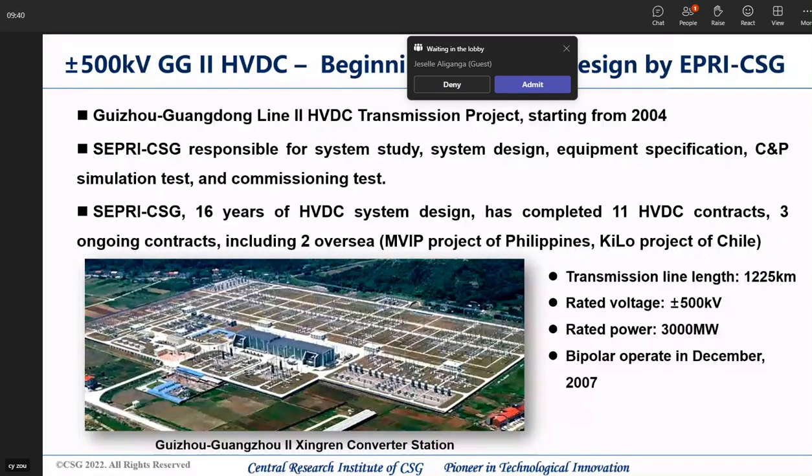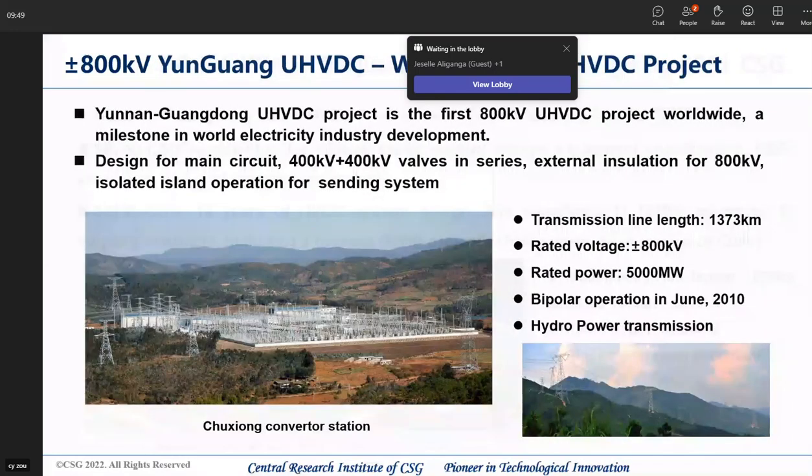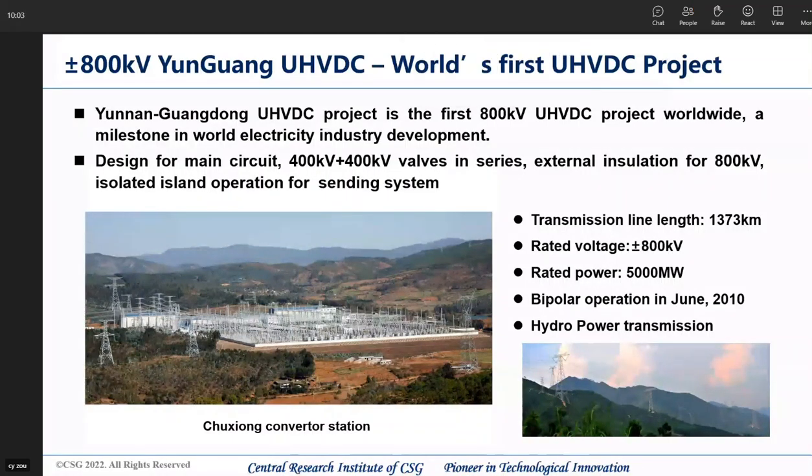With the power demand continually greatly increasing with the economic development, only 3 years later, we found that the 3 gigawatt is still too small. So we built the 800 kilovolt Yunguang ultra high voltage DC project, which is the first UHVDC project, with the voltage rising from 500 to 800 kilovolts, and the power increased from 3 to 5 gigawatts.